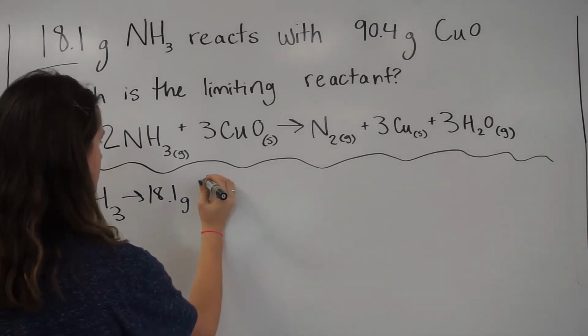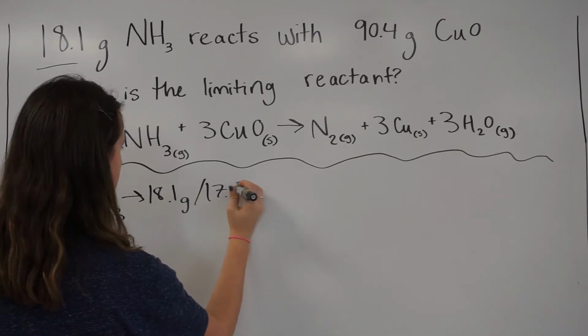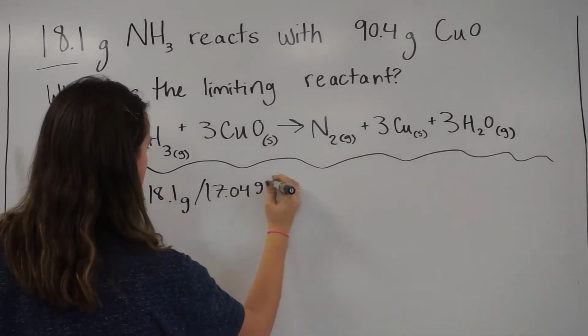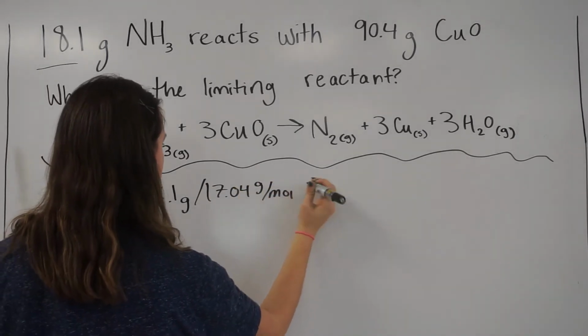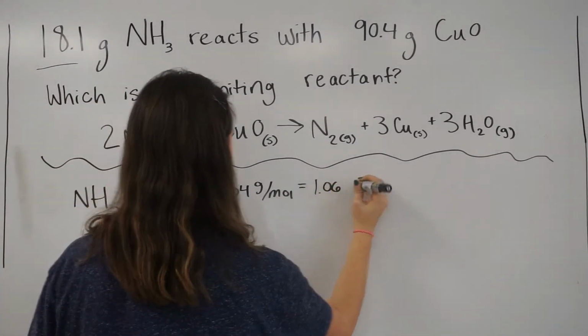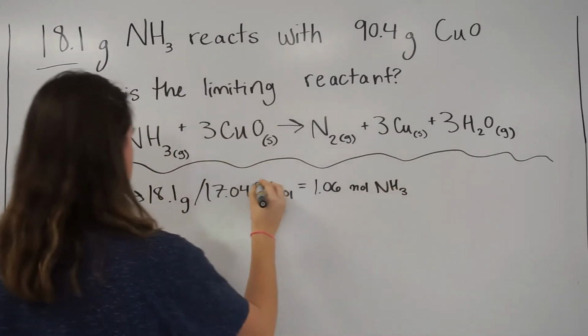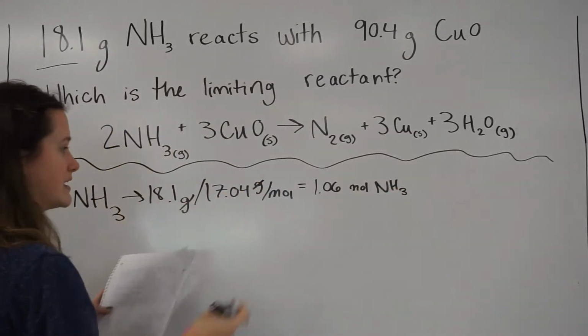You convert it to moles by dividing by the molar mass, which is 17.04 grams per mole, which equals 1.06 moles of NH3. Both of these grams cancel out since you're dividing them.